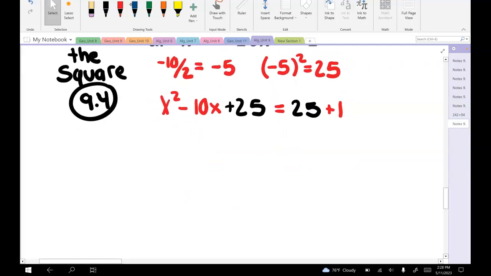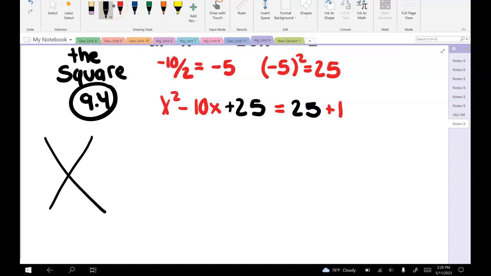Our next step for completing the square is to factor our left-hand side. If you like setting up an x as a visual, go ahead and do that. You have your 25 on top and your negative 10 on the bottom, and you find two numbers that multiply to the top but add to the bottom.